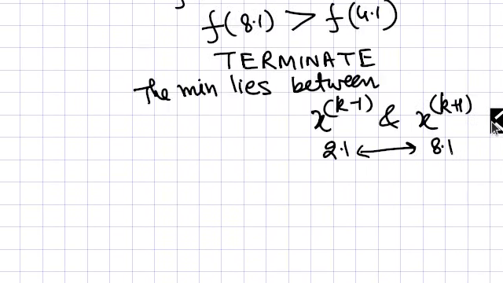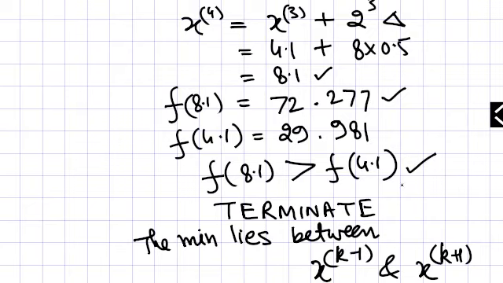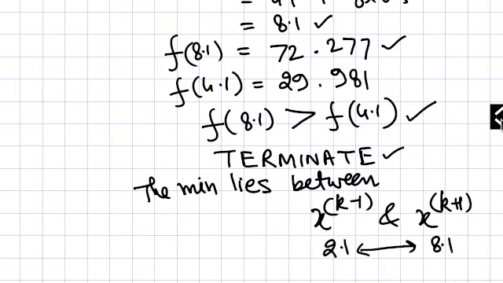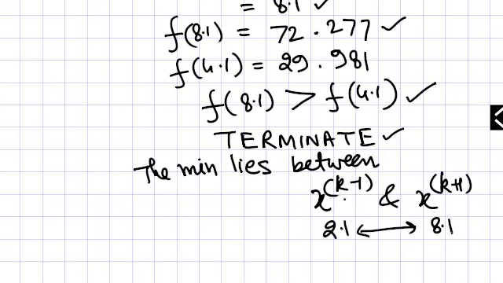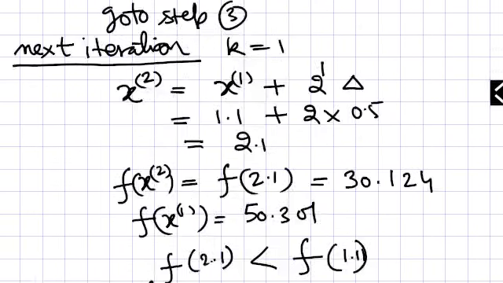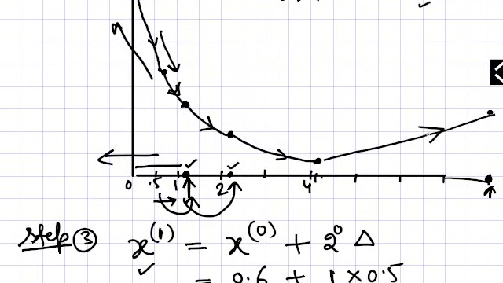So if it is showing a trend like this, you will terminate, and now you can decide that your minimum lies between k minus 1, that is the point 2.1, and k plus 1, 8.1. So what is in the graph? This was your x(k-1), this point, and it is your x(k+1). So you can say that your minimum lies between these 2 points.